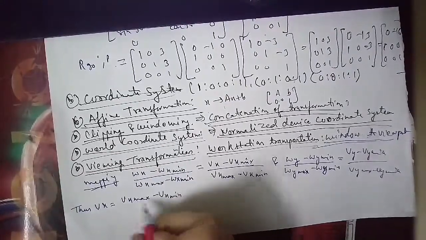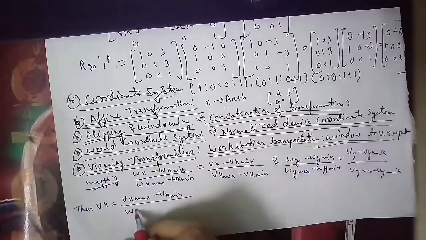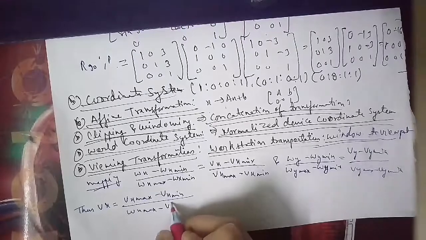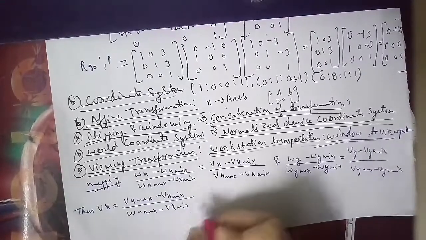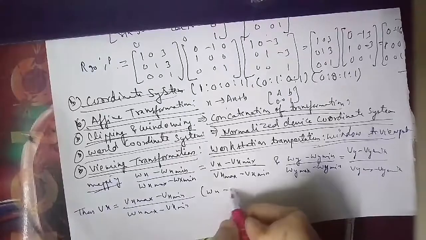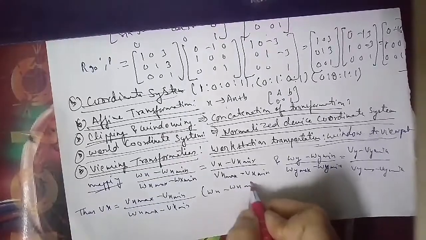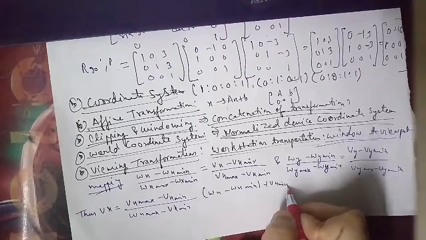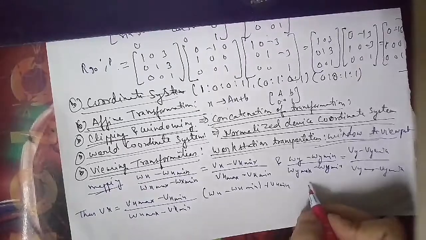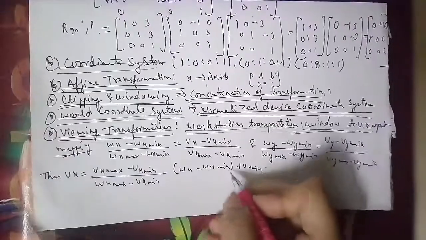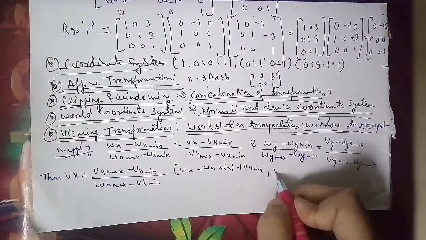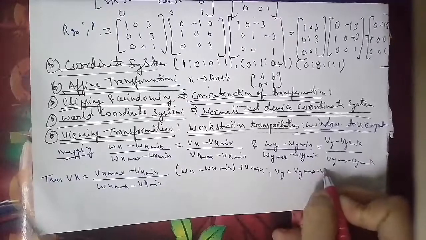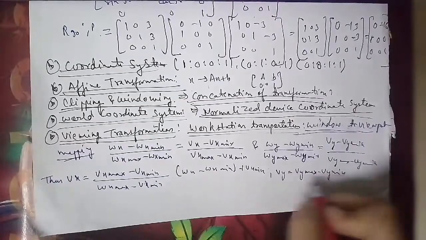It can be represented in the form [Vx Vy 1] equals n times [Wx Wy 1], and n equals the matrix with rows 1 0 Vx min, 0 1 Vy min, and 0 0 1.